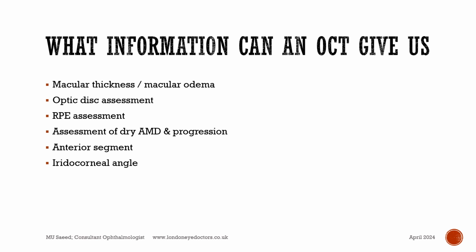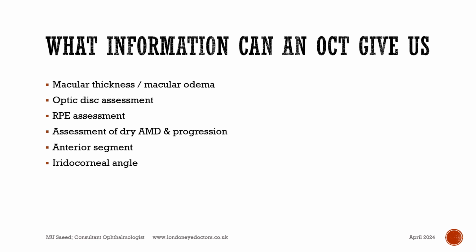The OCT can give us information about macular thickness and presence or absence of macular edema. It can give us assessment of the optic disc, which is very useful in glaucoma. The retinal pigment epithelial layer can be assessed, and there can be assessment of dry macular degeneration and progression, wet macular degeneration and progression, and assessment of treatments with wet macular degeneration.